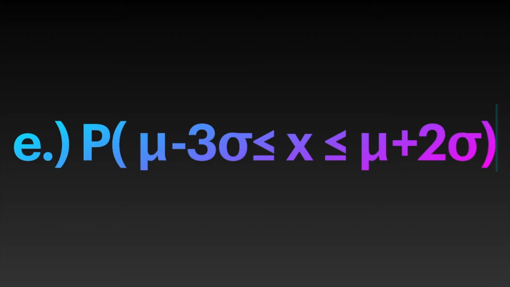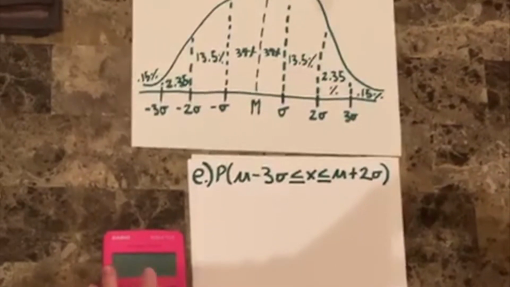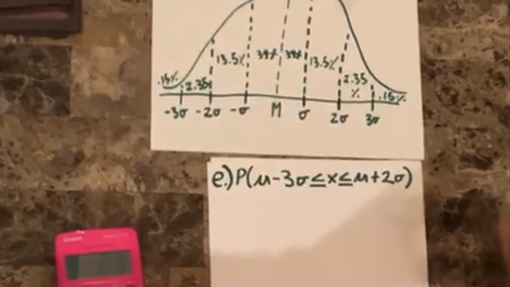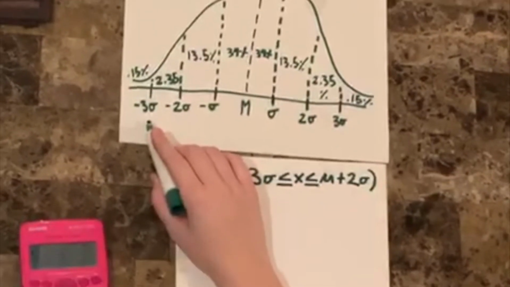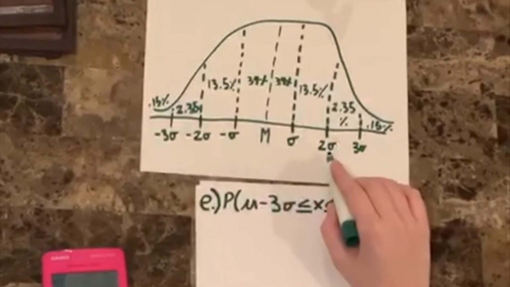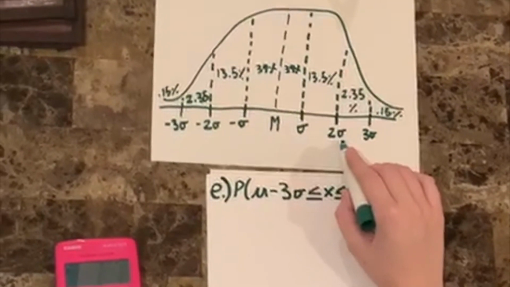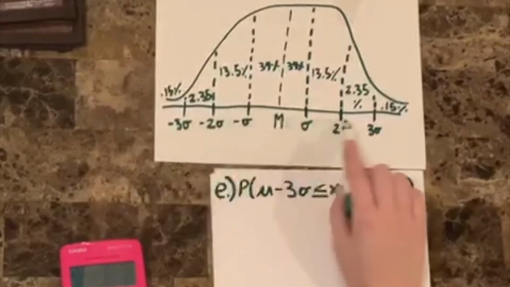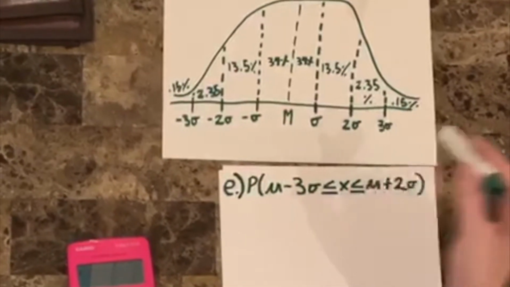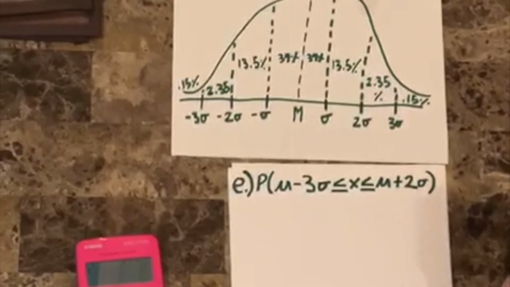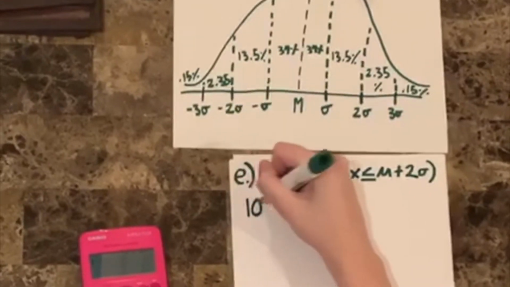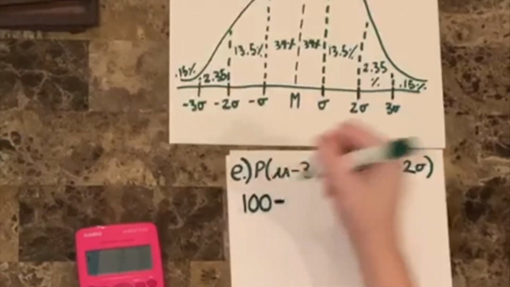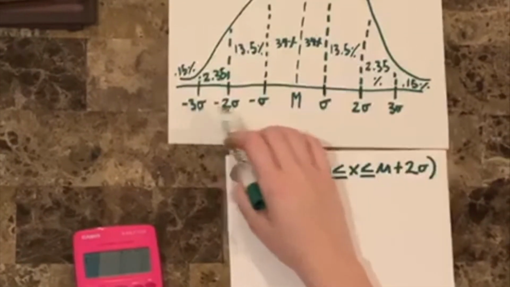And solving problem E, it is asking me what is between this space and this space, so I will have to add up all that is between here. But instead of doing it that way, I will do 100 minus what is outside of the space it is asking me.